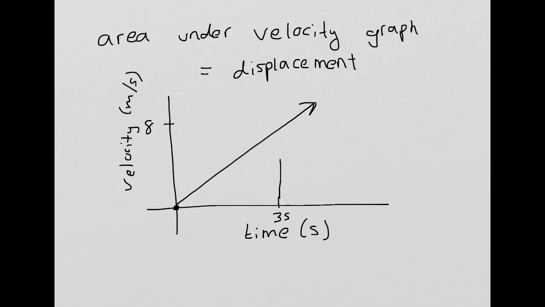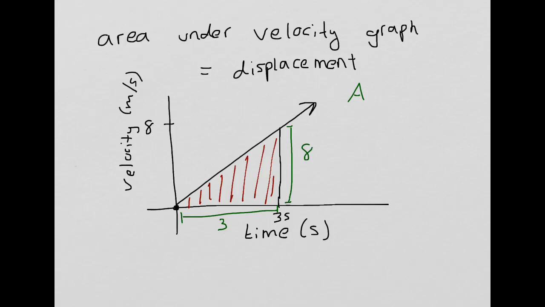So, I'm really looking at what is the area of this triangle. Okay, well I see that the height of this triangle is 8. And my time, the base of this triangle is 3. So you know the area of a triangle is 1/2 base times height.